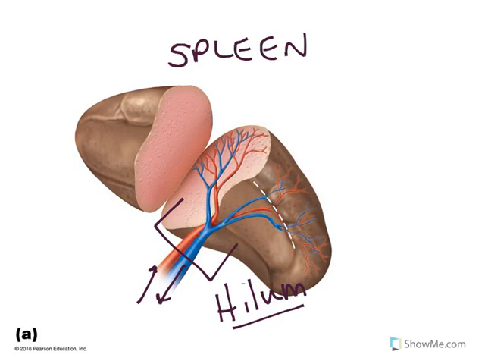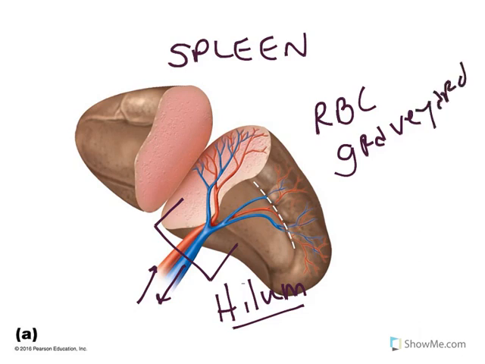Also, the spleen is said to be the red blood cell graveyard. I know it's kind of morbid sounding, but this is where blood cells go to live out their last days. They are destroyed here. Typically, when they're destroyed, the iron in the red blood cell will be saved for later use.